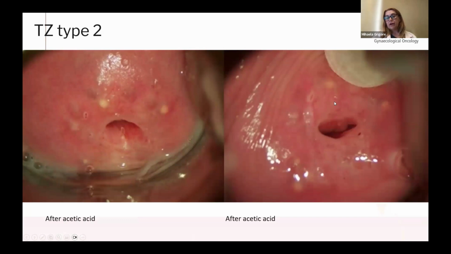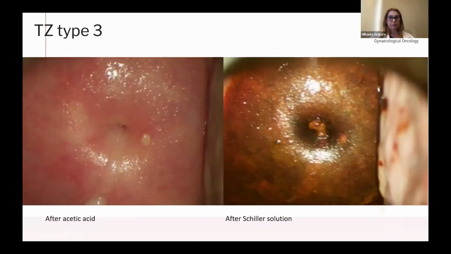But here on the right, we used a swab, and using this swab, we can see into the endocervical canal. And now we can see the entire new squamocolumnar junction. So we can say that we have here a type 2 transformation zone.